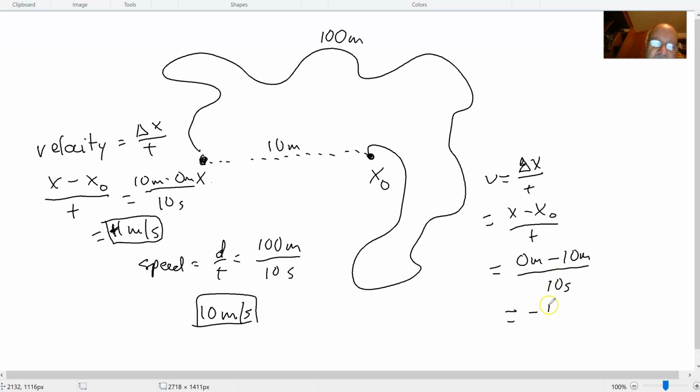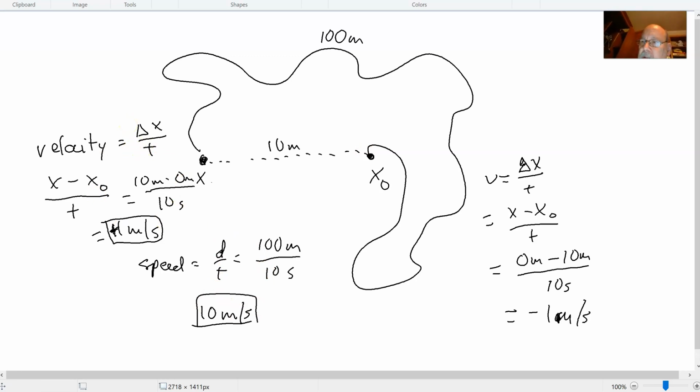And so my velocity in that case would be negative 1 meter per second. Okay, so please make sure you understand the difference between distance and displacement, and then also speed and velocity.